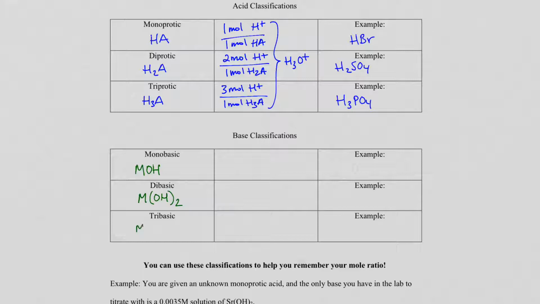And for tribasic, you would have M(OH)3. So 3 moles of hydroxide ions for every mole of base that dissolves. So we can write that out: 1 mole OH minus per 1 mole of MOH.